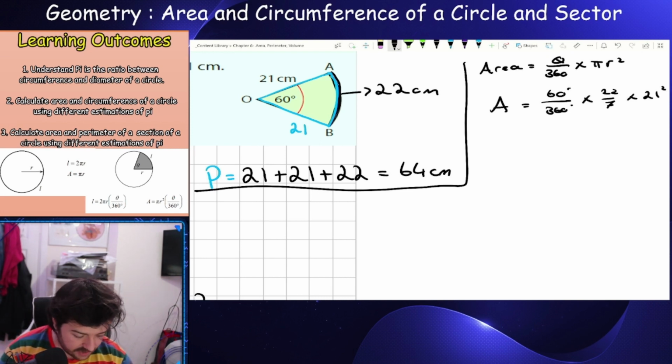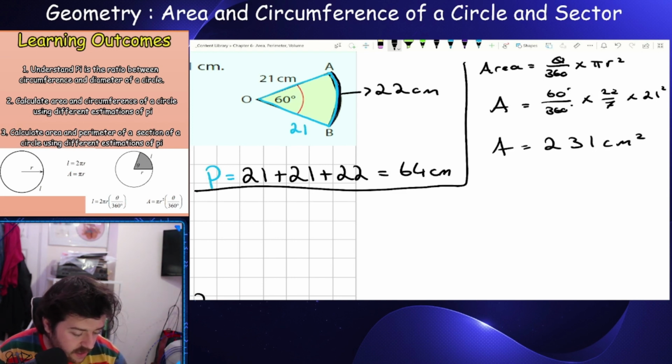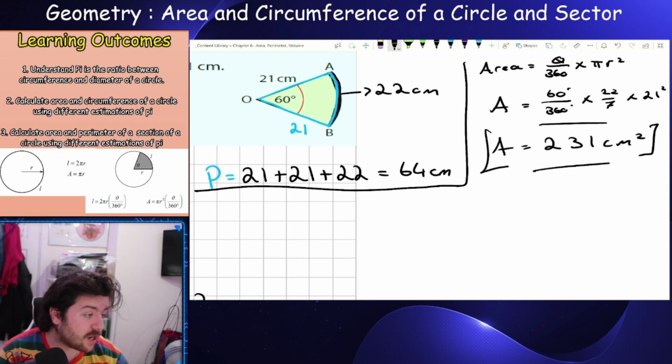If I put that in my calculator, I get that the area is equal to 231 centimeters squared. So that is how we calculate the area and perimeter of a sector of a circle. And remember, these formulas are in your log tables.